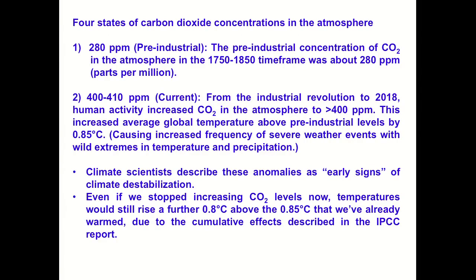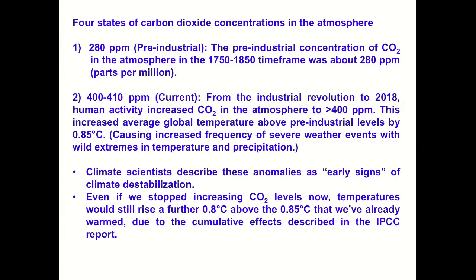And as we said, climate scientists are now describing those anomalies as early signs of the destabilization of the climate, although that might be a little bit alarmist, but those words have been used. Now, back to the retention time of CO2 in the atmosphere.